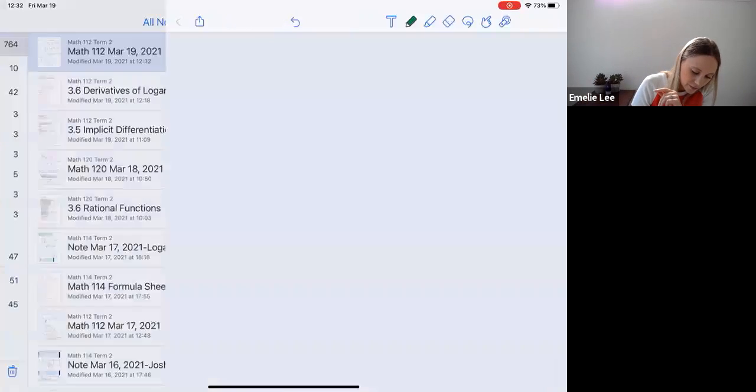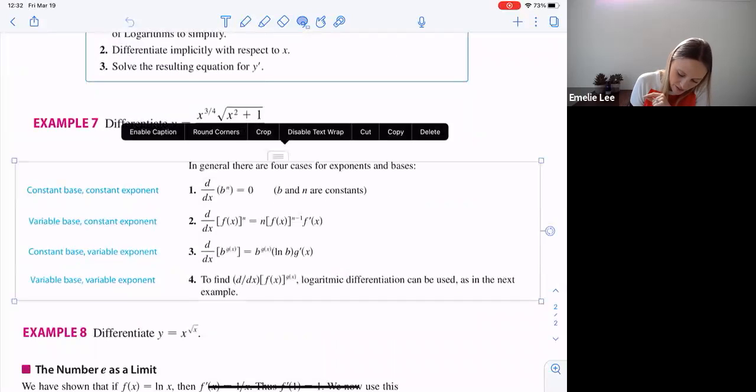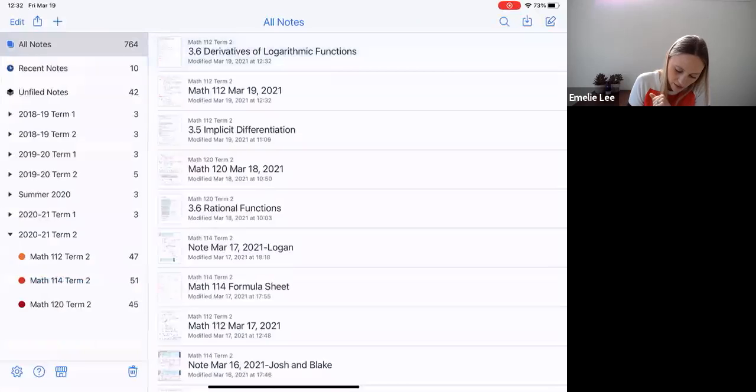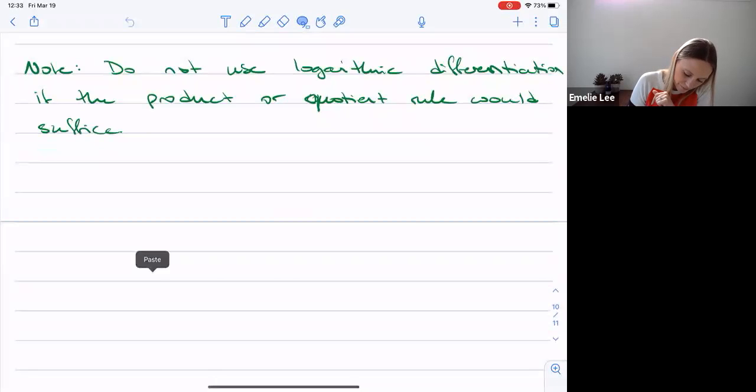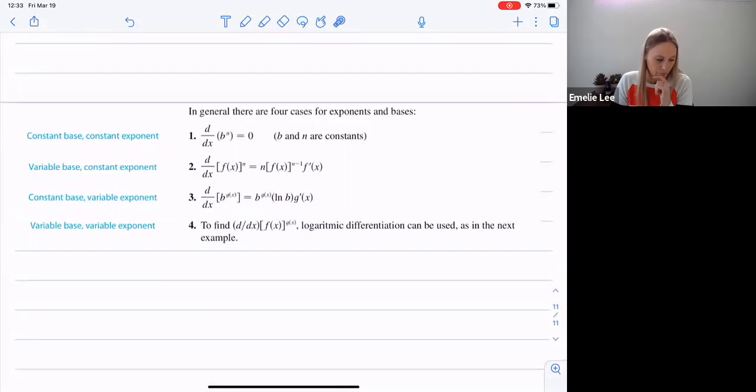There's a little blurb on the handout that I'll pull in here because depending on the situation, we might have exponents and bases. If you have b to the power of n, and b and n are constants, that's kind of boring, the derivative of a constant is 0. If you have some kind of exponent, then you can just use the power rule, bring down that exponent, and then maybe the chain rule.